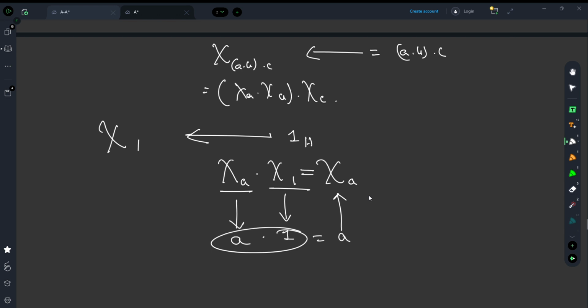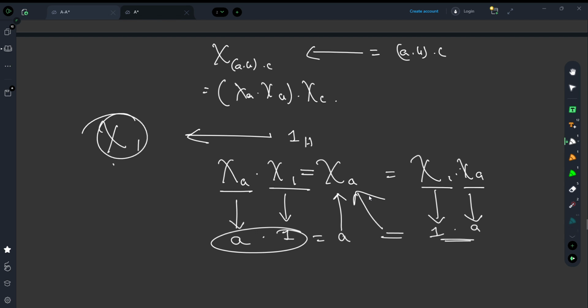The same will happen if I start with chi of 1 dot chi of A, right? Because I project this to 1, I project this to A, I compose them up, 1 is the identity obviously, so 1 dot A is A, so it will bring back chi of A. Therefore, we also have got an identity because 1 is obviously in H, so this fiber is well defined, right? So chi of 1 is the identity as well, right?